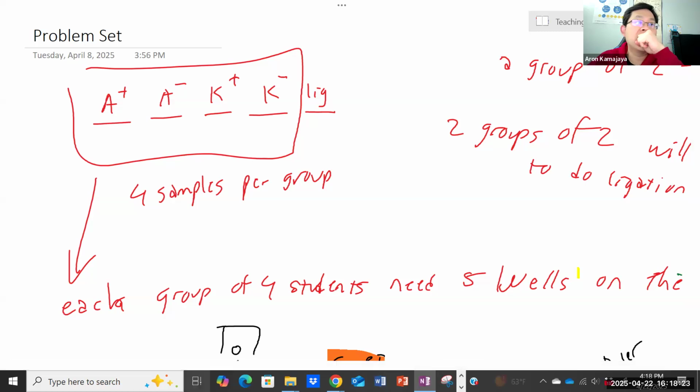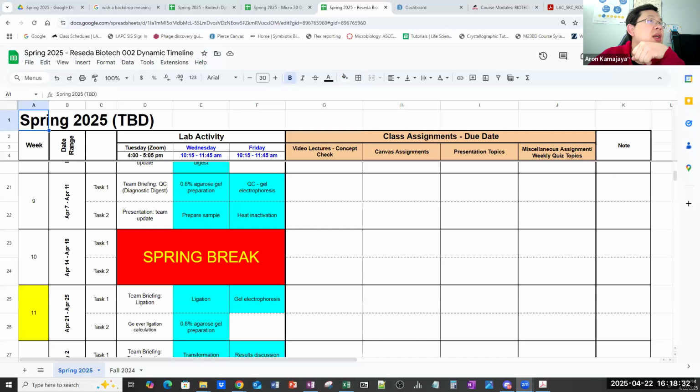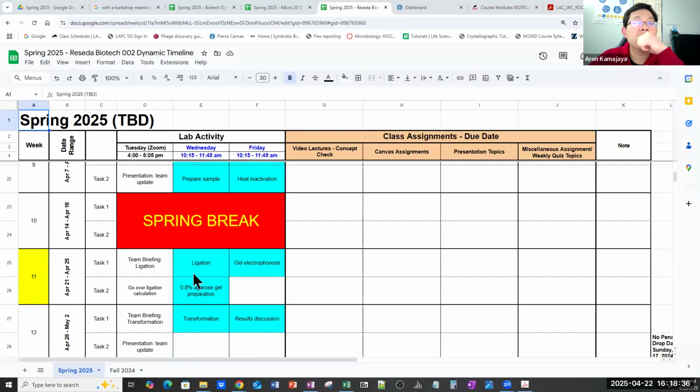Okay, so the idea is on Wednesday you're going to make your gel. Hopefully we finish with that, and then prepare your sample so that on Friday, the moment you come, you can just load your sample right away.